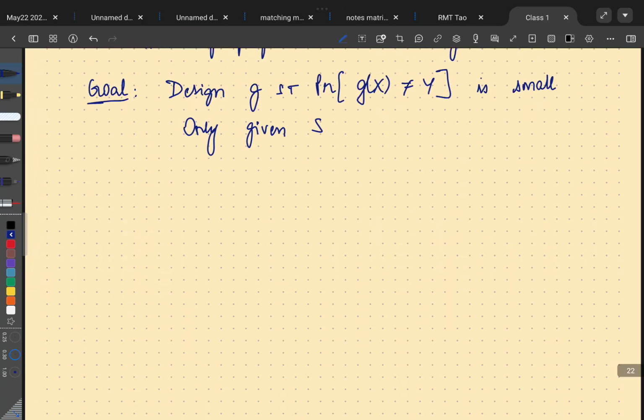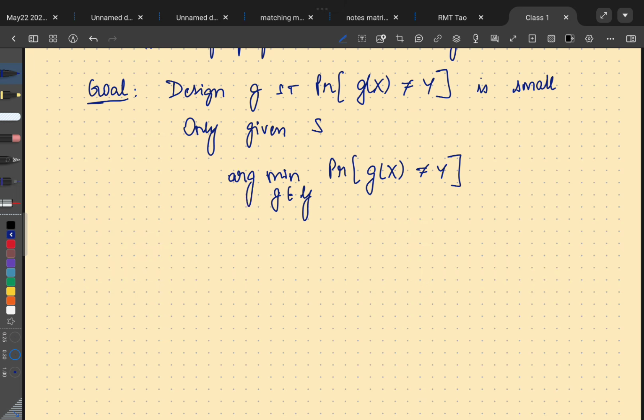So the best that I could possibly perform is the minimum over G in the class. This is the best that I can possibly ever achieve. No matter what I do, it is impossible to design an algorithm that does better than this. Hopefully that much is clear.